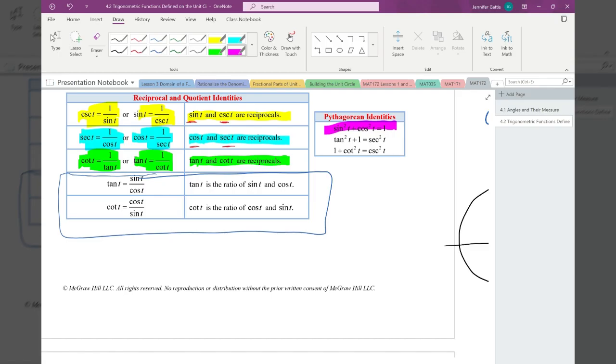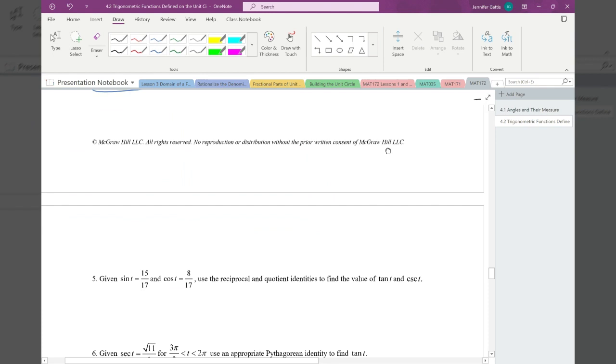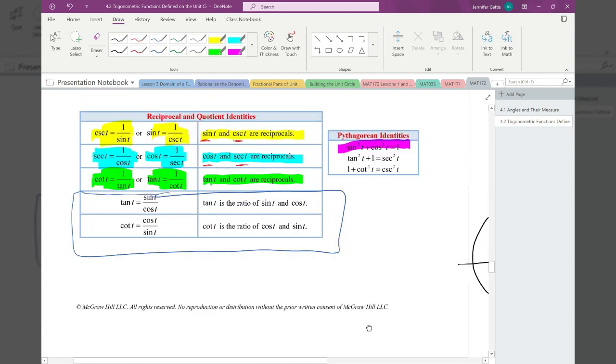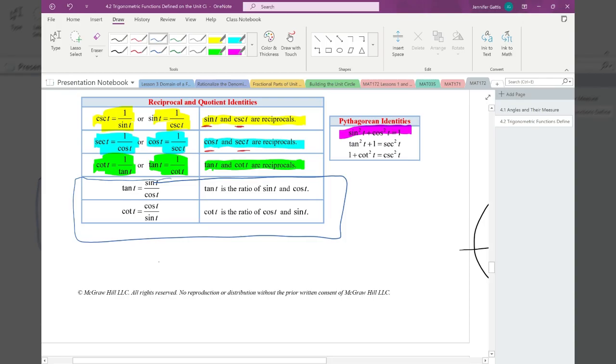So what I'd like for you to do right now is take a minute and see what you can do, knowing that sine squared plus cosine squared is equal to 1, and knowing that tangent squared is going to be the same as sine squared over cosine squared.